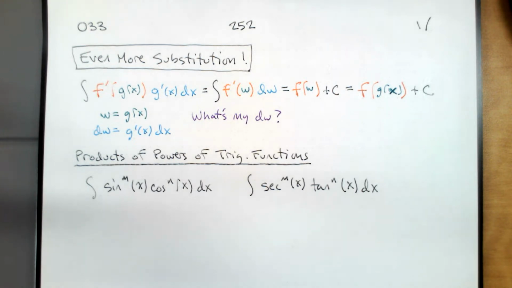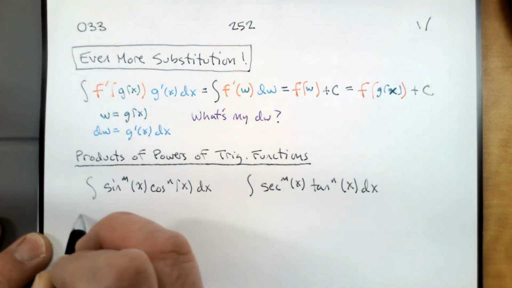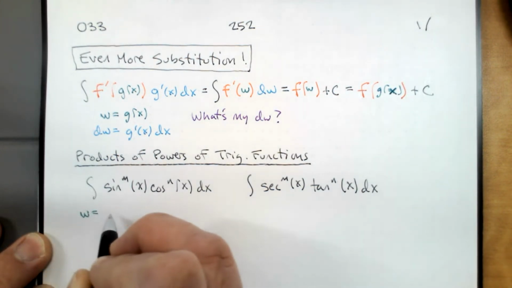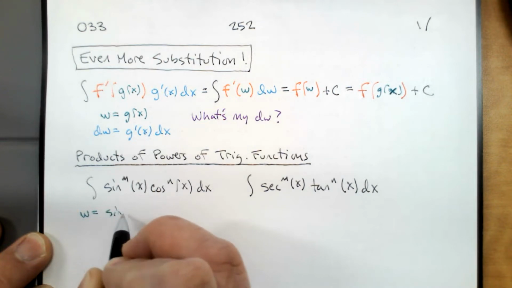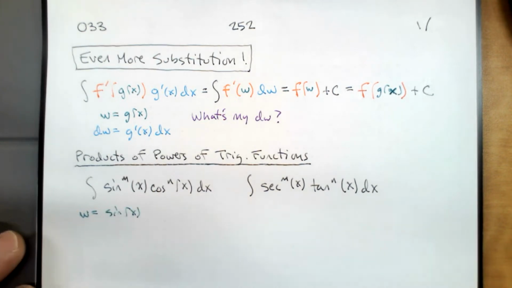Let's talk about these products of powers of trig functions from a substitution standpoint. The question is, if I want to make a particular substitution, what do I need to have to be the dw? What do I need to make that substitution work? So if I want to say w is equal to sine of x, what do I need to be the dw?